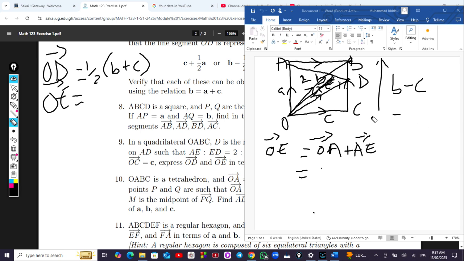OE is equal to OA plus AE. So let's find AD. So if we find AD, we can find AE using the ratio. So now we need AD.